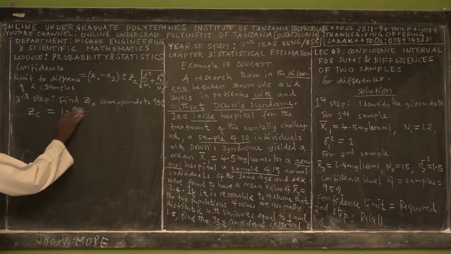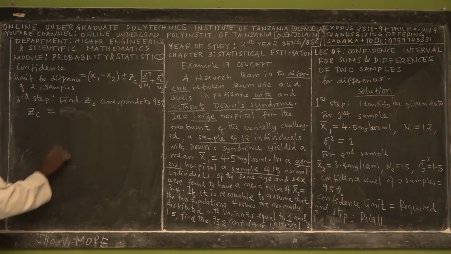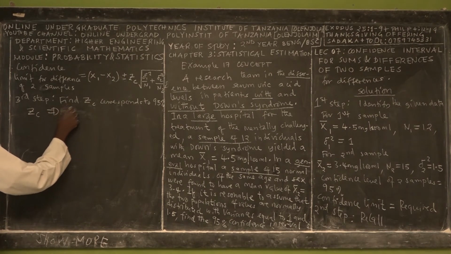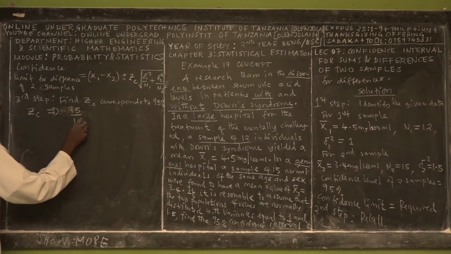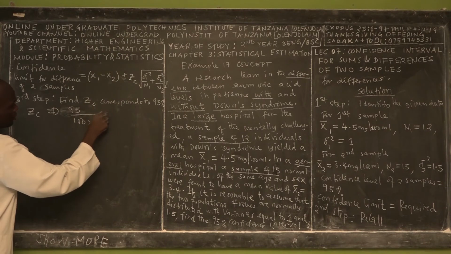How do we get this? It's not difficult. 95 means you have to find, corresponding to 95 over 100, then multiply by 2.